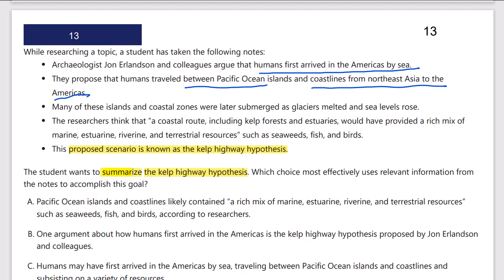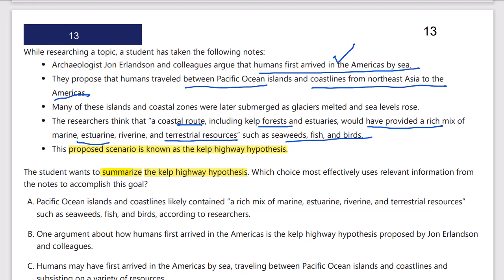The researchers think that a coastal route, including kelp forests, thus the Kelp Highway hypothesis, would have provided a rich mix of marine, estuarine, riverine, and terrestrial resources, such as seaweeds, fish, and birds. In other words, they would have a lot of food and things to live off the land from. What is our Kelp Highway hypothesis? The sort of topic claim is it's a way humans first arrived in the Americas.